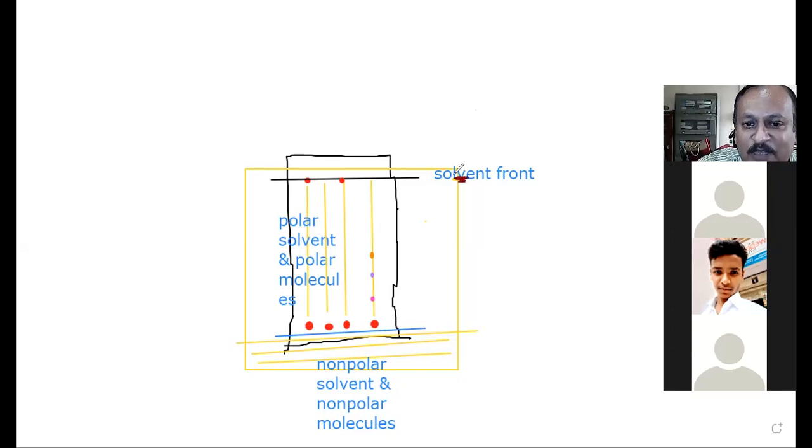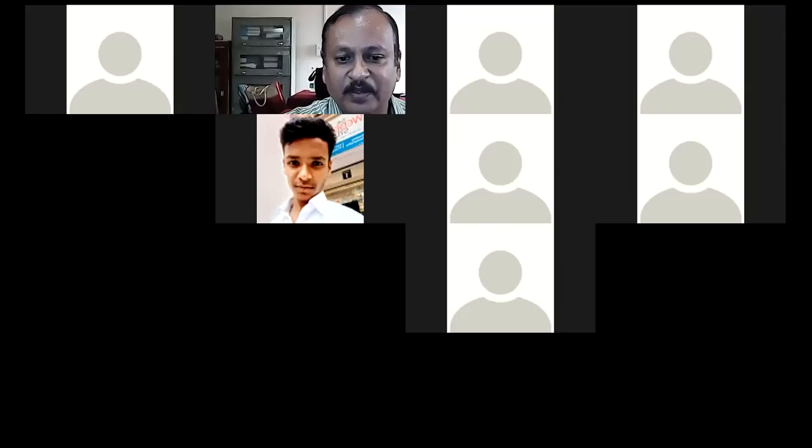Okay, so I'm just scraping out this region so as to mark the position of the solvent front. Is it right? Or you can also draw a line, a complete line you can draw to mark the solvent front like this. Is it okay? Okay, sir.